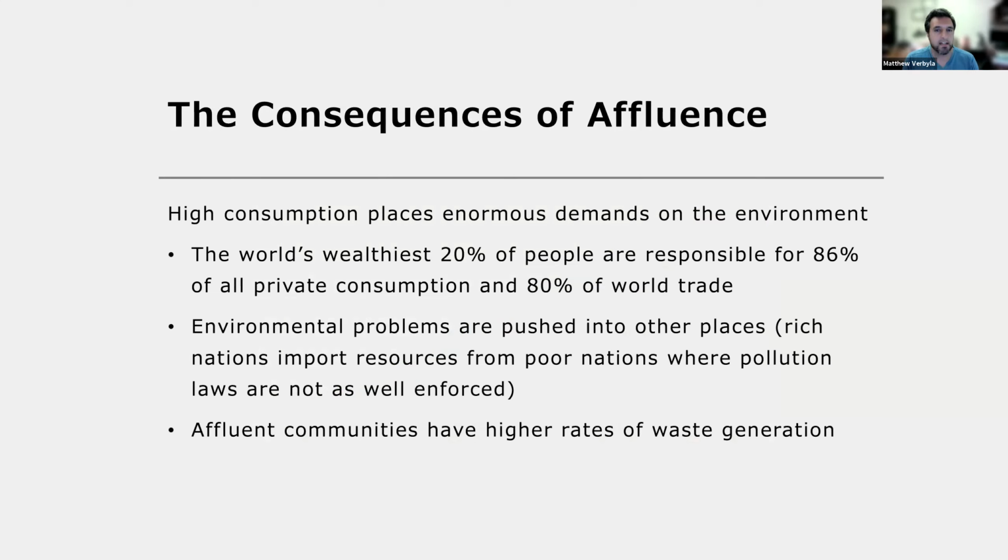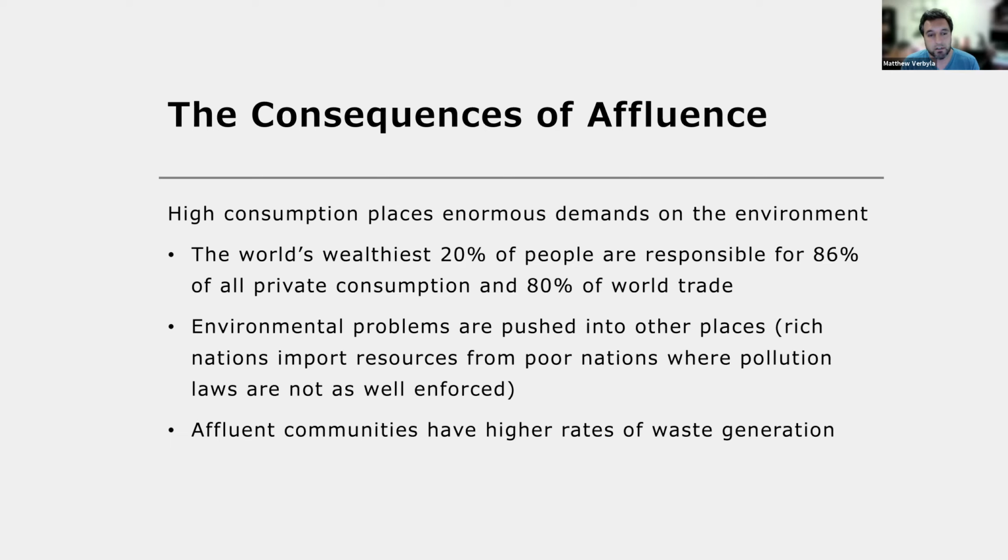So as mentioned, as a consequence of affluence, the high consumption of affluent populations places enormous demands on the environment. The world's wealthiest 20% of the population is responsible for 86% of all private consumption and 80% of all world trade. So there are high inequities in terms of access to goods and resources. Environmental problems in many affluent communities, rather than being eliminated, are just pushed into other places.